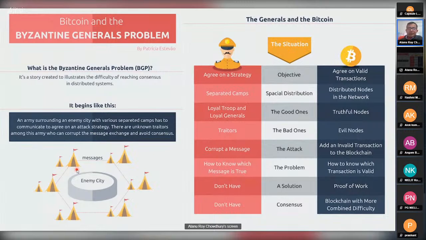The messages that are sent between generals may or may not be true. The messengers could be lost. So in this kind of an adversarial network, the question was, how do we still go about creating trust and agree on a common time to attack? So blockchain is able to resolve that particular issue.